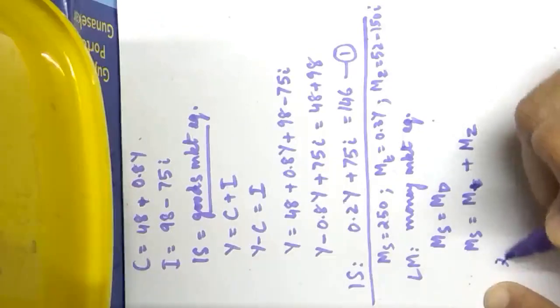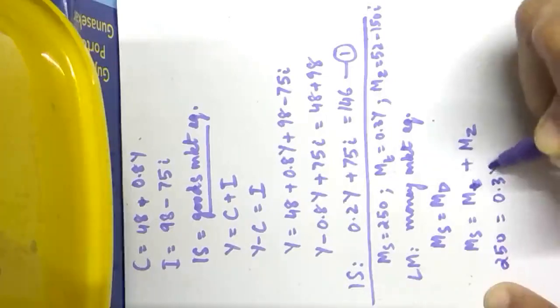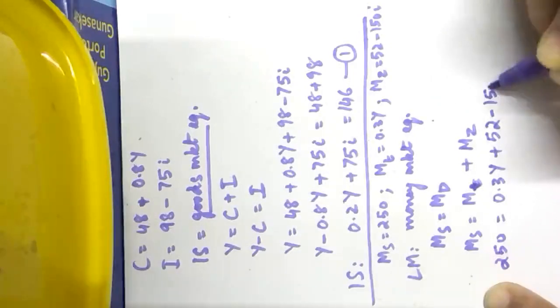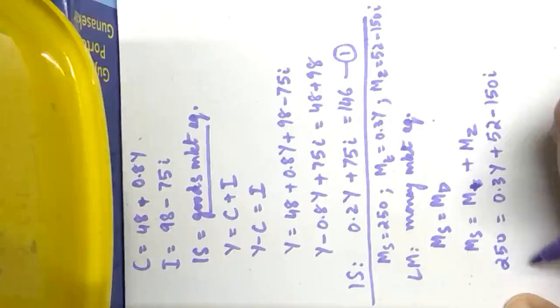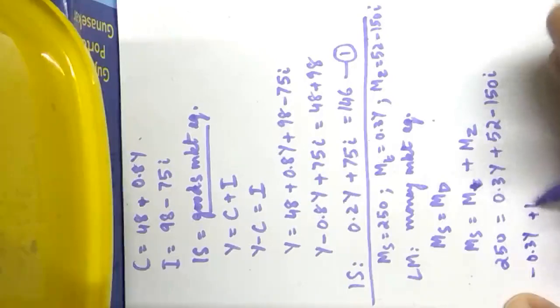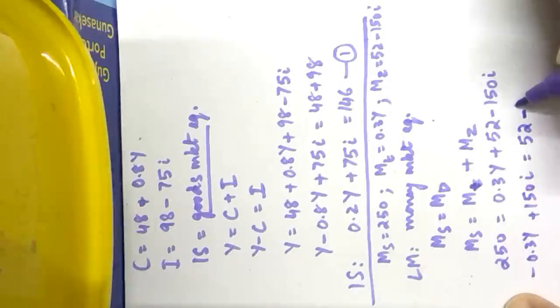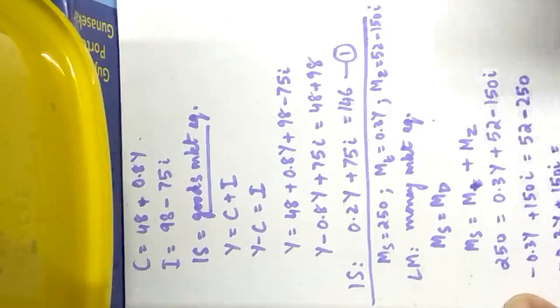Now MS is given as 250, which is equal to MT, which is 0.3 times Y, plus MZ, which is 52 minus 150 times i. Again, I'm going to take the two variables Y and i and the terms containing those to the left hand side.